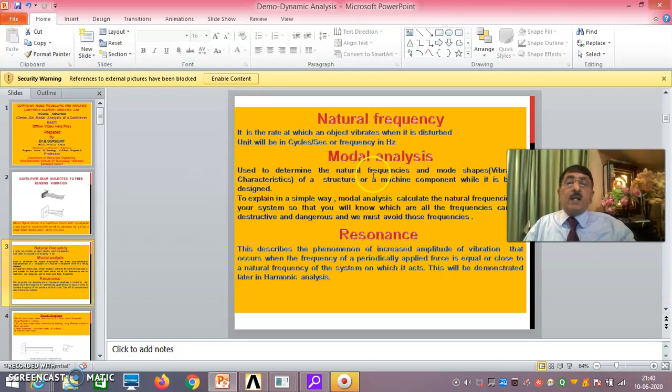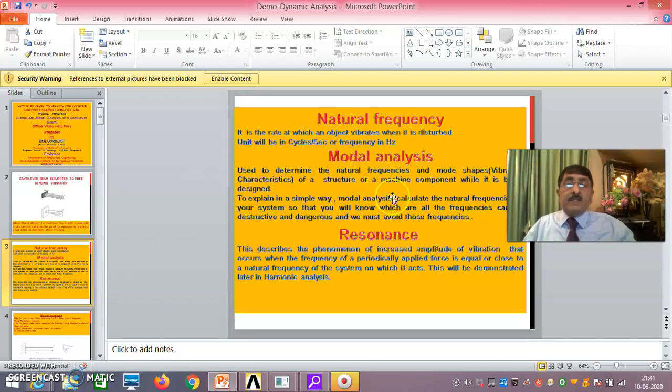If the second natural frequency is 1800 rpm, don't operate at 1800. Operate less than or more than 1800 rpm, because if you operate at 1800 rpm, resonance picks up and there will be a massive increase in the amplitude of vibration, resulting in massive stresses. As a result, the structure might collapse.